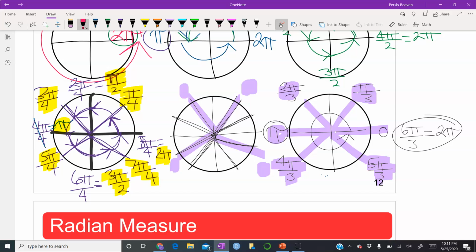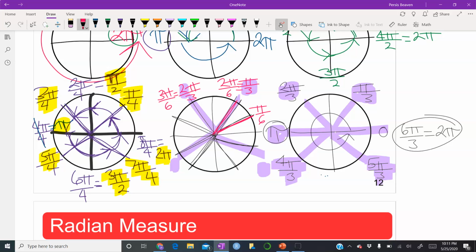So the one here we already know is pi over 3. And this one right here will be pi over 6. Just to prove to you that the next one is pi over 3, if this was pi over 6, this will be 2 pi over 6. But of course, that is equivalent to pi over 3. The next one will be 3 pi over 6, which simplifies to pi over 2.